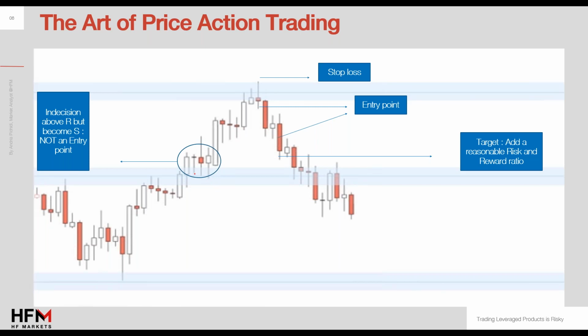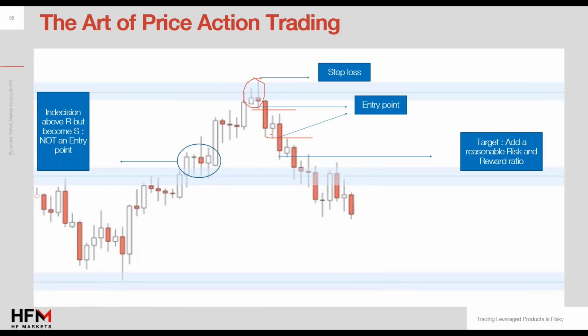Use the past support and resistance levels as your stop losses or as your target as well. So in this case, we have used the latest support level for a short entry. The short entry was taken either here on the breakout, on the decisive candle over here, or somewhere here.